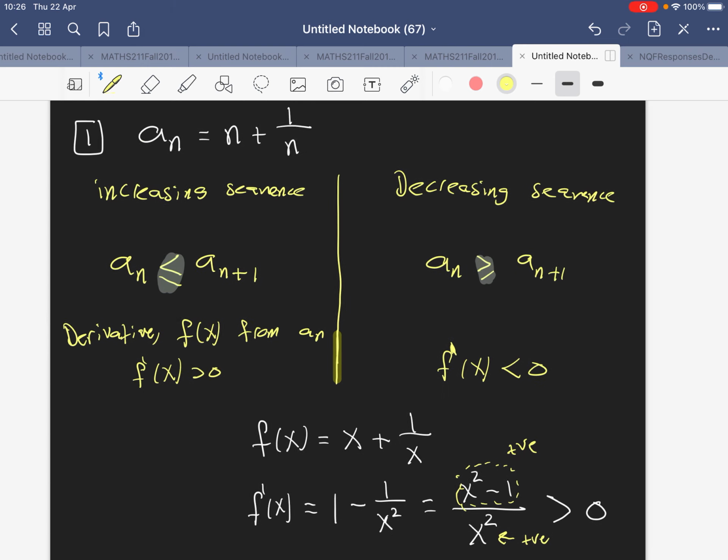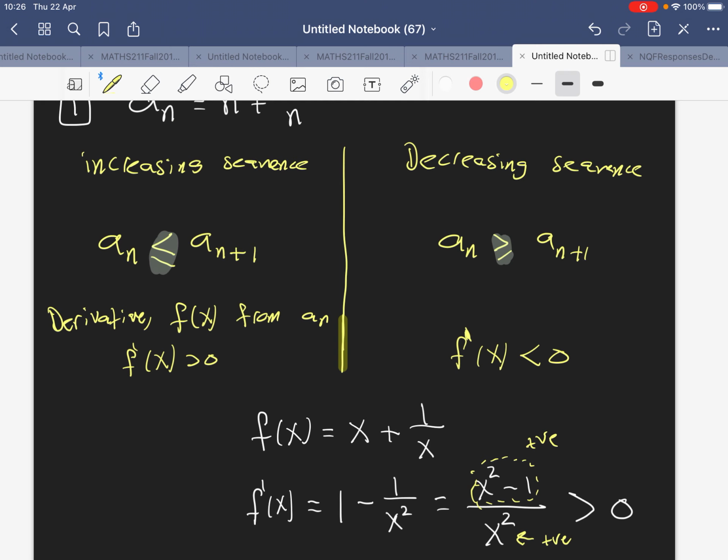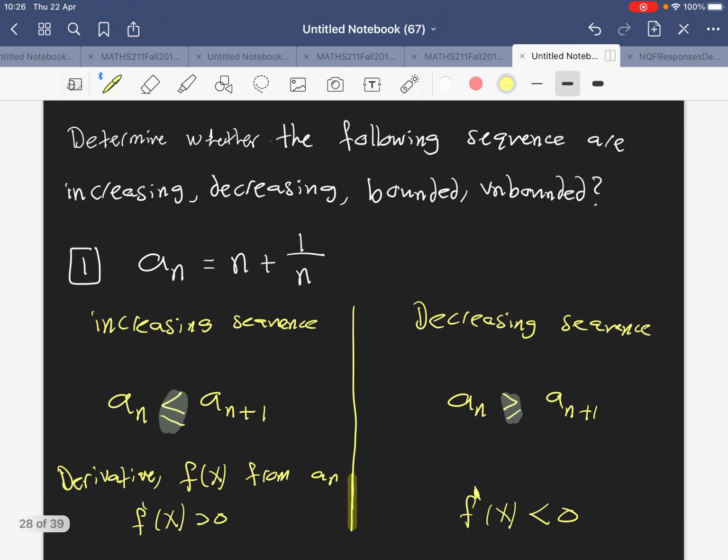Now let me go to the second concept, which we call bounded or unbounded. What is bounded? You have a sequence, and you can see the numbers in the sequence are less than a certain number.